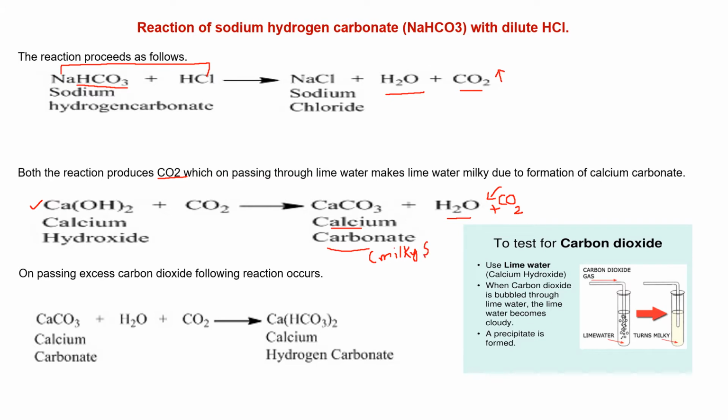So what will it become? It will become a colorless solution of calcium hydrogen carbonate. Clear? So this is a very important reaction. When excess carbon dioxide is passed, calcium bicarbonate, or calcium hydrogen carbonate, is formed.